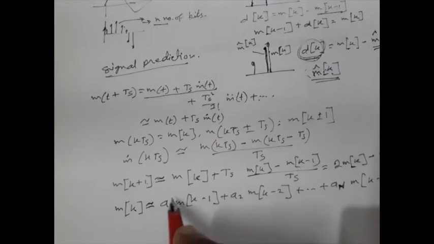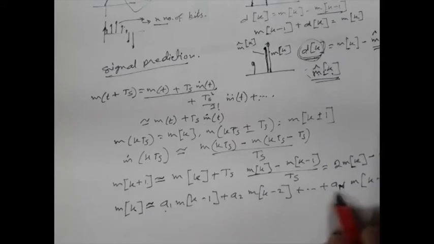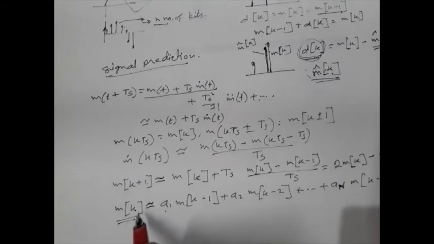And we have arbitrarily added, or rather multiplied, some scaling factors, a1, a2, a3, etc. And if you can adjust these coefficients properly, we can get this m[k]. Now since this left hand side is the estimated value, instead of writing it as m[k], we will write it as m cap k.